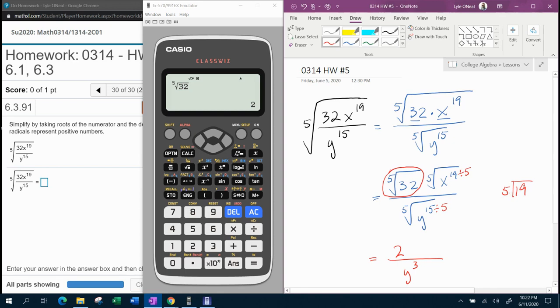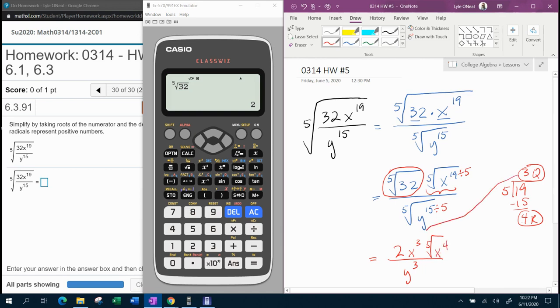So 5 goes into 19 3 times. 3 times 5 is 15, with a remainder of 4. So I have my quotient and my remainder. That means that the fifth root of x to the 19th is going to simplify as x to the third, fifth root of x to the fourth. Do you see that?